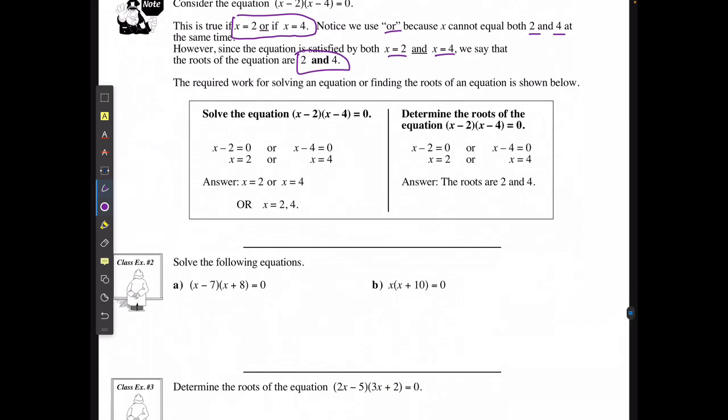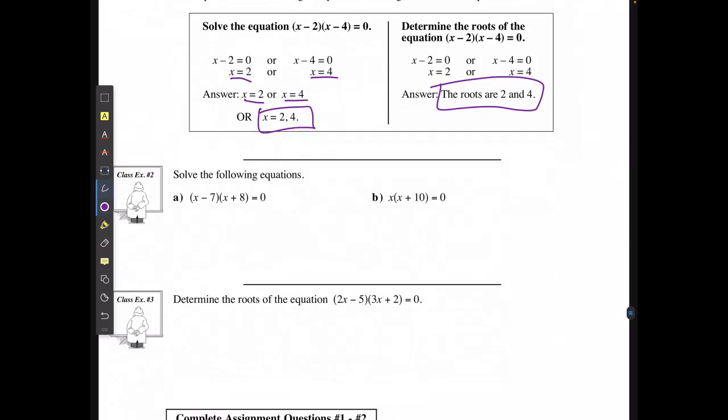So, like it says here, solve the equation x minus 2 times x minus 4 is equal to 0. x minus 2 would equal 0, or x would equal 2, or x minus 4 is equal to 0, x equals 4. The answers are if x equals 2 or x equals 4. The roots would be at 2 and 4.